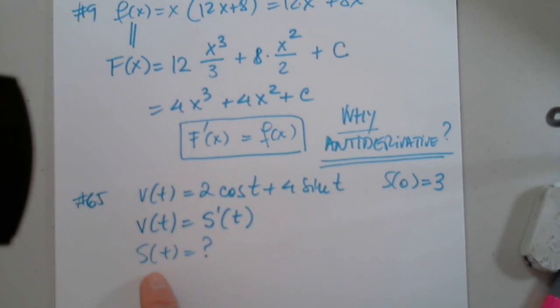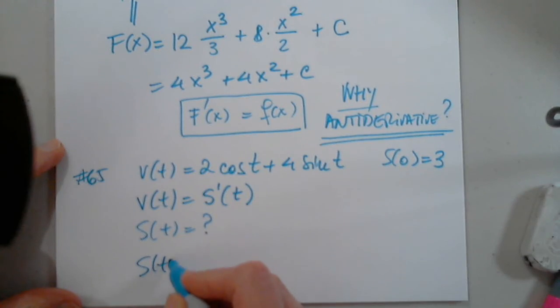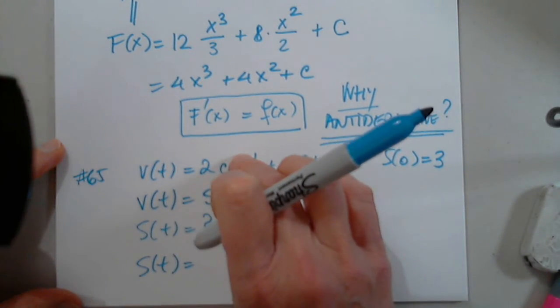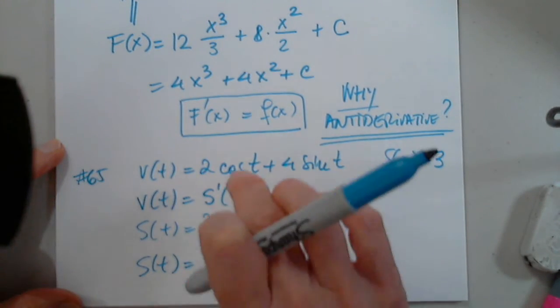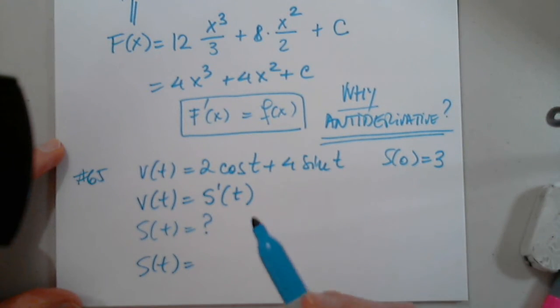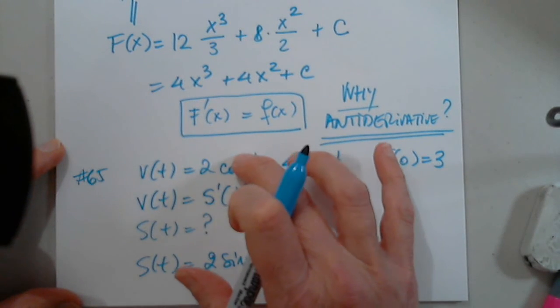Okay, so s of t obviously is, what function prime is this? Can anyone tell us what function prime is this? 2 cosine t. What should I write here? 2 sine t. Yes, excellent. 2 sine t, because 2 sine t prime is 2 cosine t.